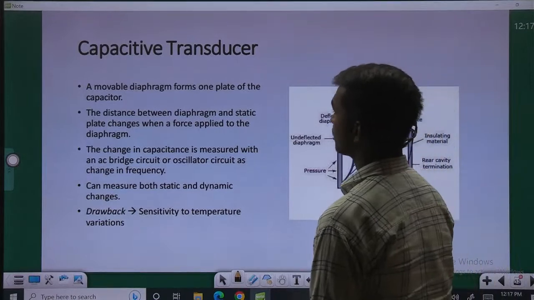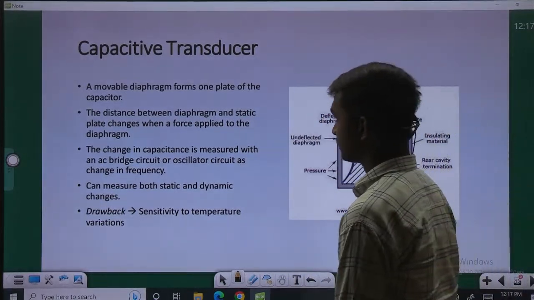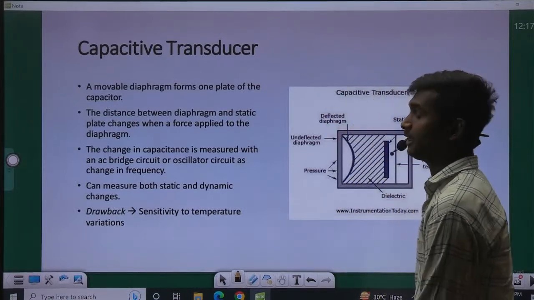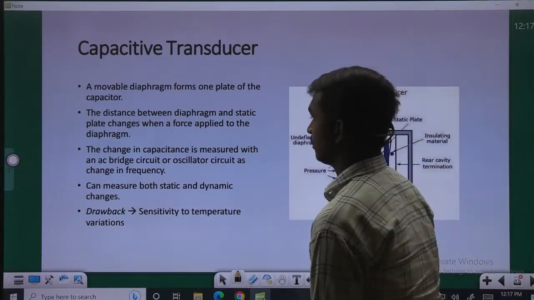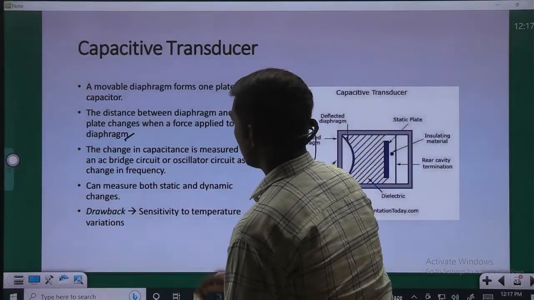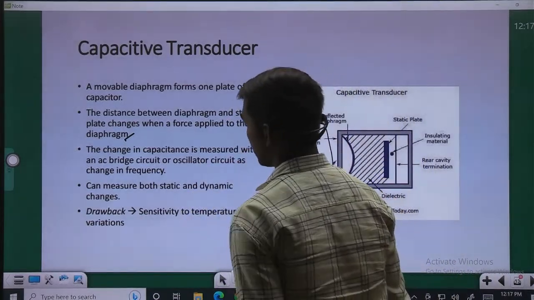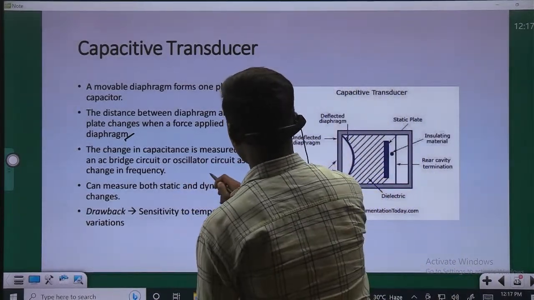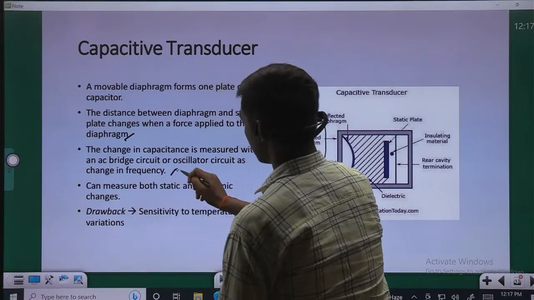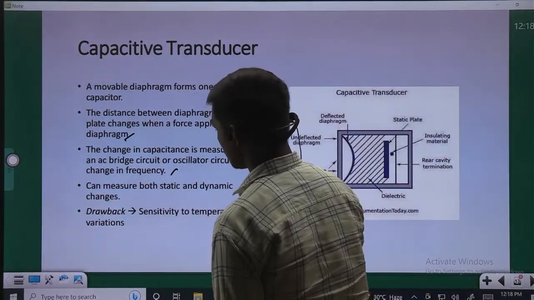In a capacitive transducer, a movable diaphragm is one plate of the capacitor. The distance between the diaphragm and the static plate changes with the force applied to the diaphragm, and the change in the capacitance is measured with an AC bridge circuit or oscillator circuit as a change in the frequency. We can measure both static and dynamic changes.